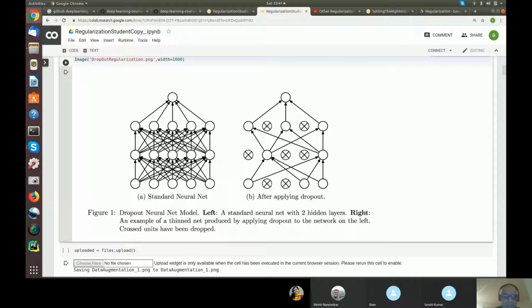So what impact does that have on the model? So what happens is, if you had kept the entire network, certain neurons could have been giving a lot of high values throughout the network.